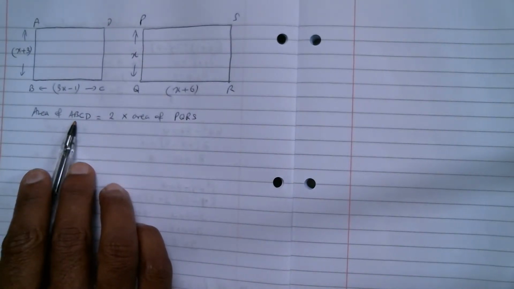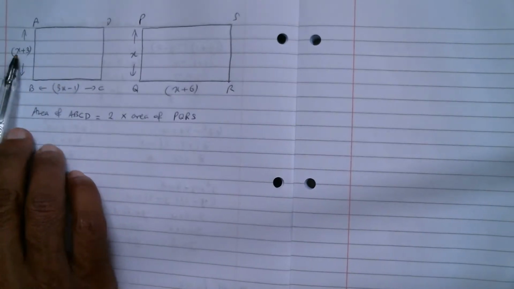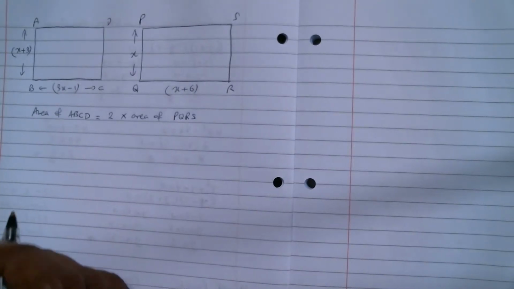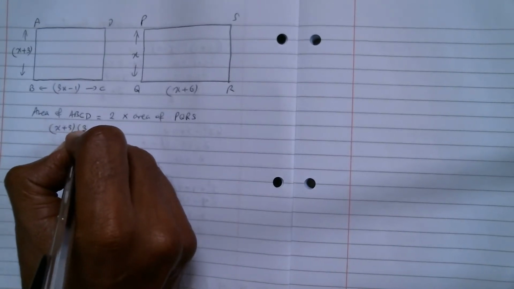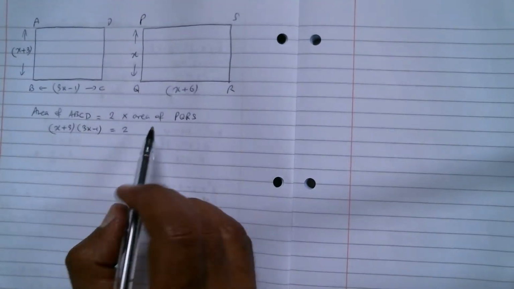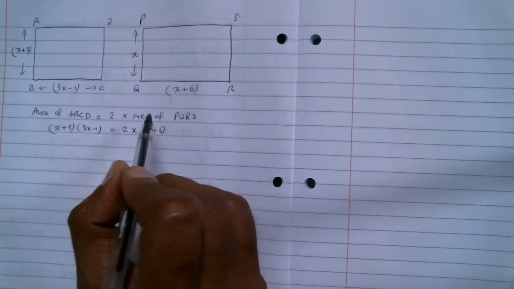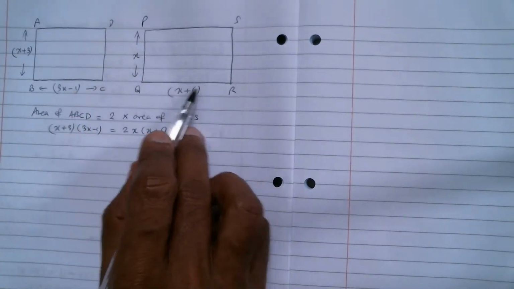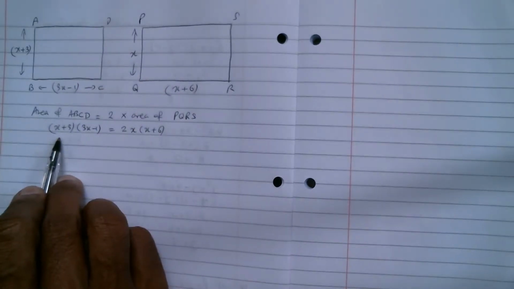The area of ABCD is x plus 3 times 3x minus 1, and so x plus 3 times 3x minus 1 is equal to 2 times the area of this one, which is 2 times x into x plus 6, because again, this is length times breadth, which is x plus 6 times x, and of course multiplied by 2.